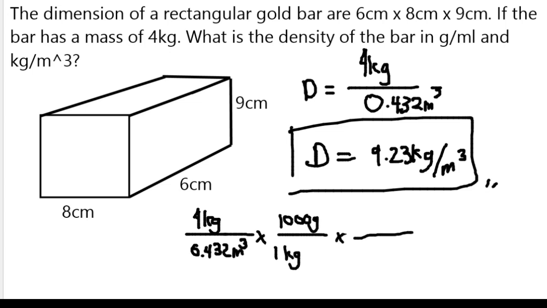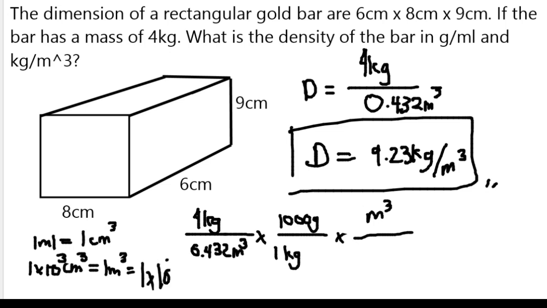In cubic meters, what we're finding here is ml. 1 ml is equal to 1 cubic centimeter, and 1 times 10 raised to the sixth power of cubic centimeters is equal to 1 cubic meter. So we'll just put it here.